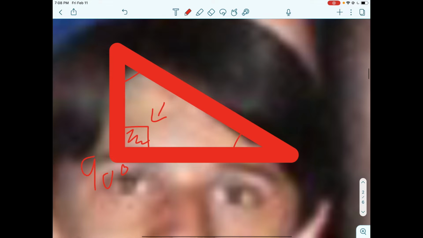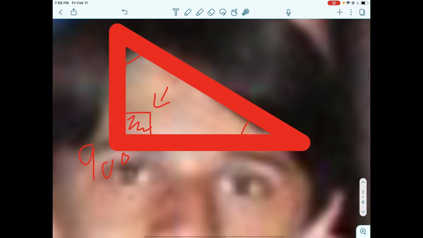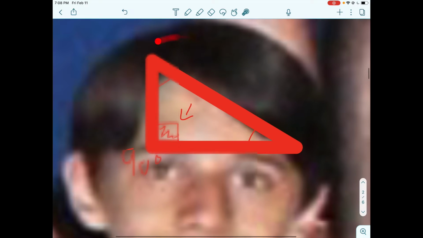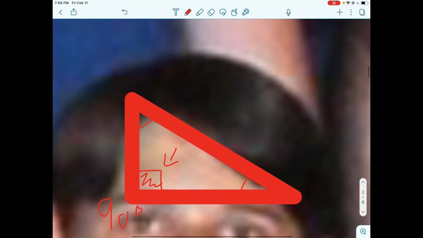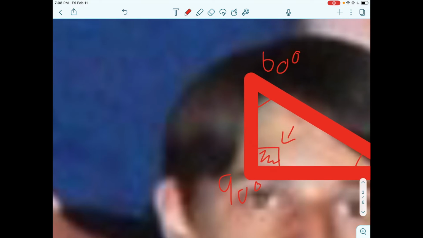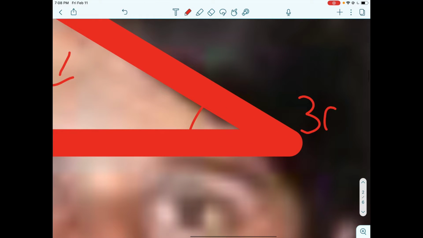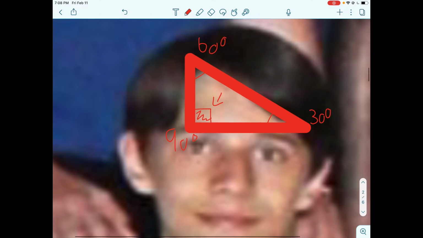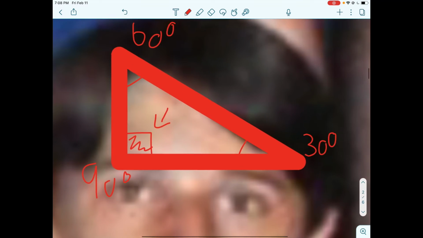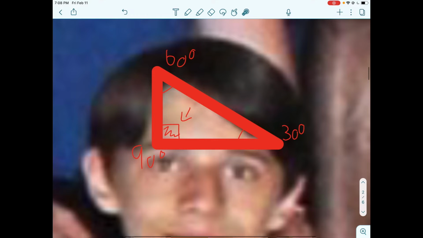So you know that this is 90 degrees, and you know that the entirety of the triangle is 180 degrees. So from that conclusion, you can take the bigger angle and assume it is 60 degrees, and take the smaller angle and assume it is 30 degrees, which would be correct because, as I mentioned, it is a 30, 60, 90 triangle.